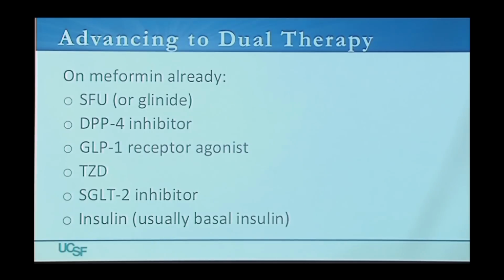So advancing to dual therapy, if you're already on metformin, here would be all of your options. So you can imagine that's confusing. Well, why did I get Januvia started, but my neighbor started on glipizide? So there's lots of options. So you want to really ask questions and make sure you understand why you are taking the medicine that you are.